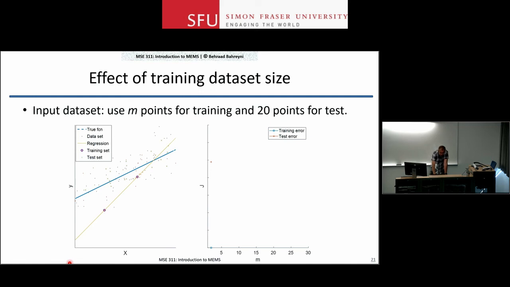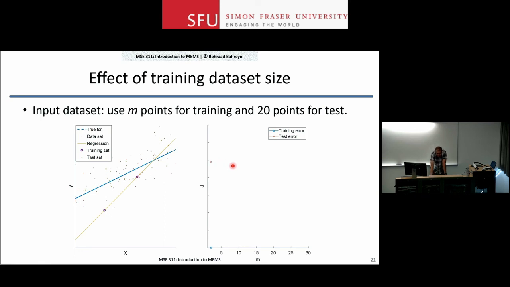However, as you can easily see here, you're doing a poor job of fitting the rest of the data points. So this is what you get. Your training error is 0, but you have a relatively large test error. I hope this is clear when you're looking at this later on. This is my training error here, test error up here.